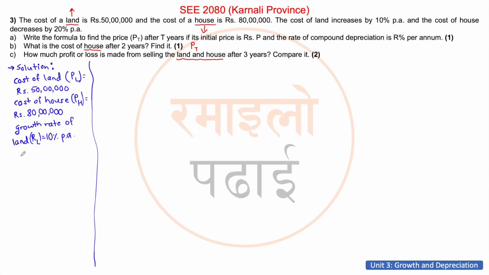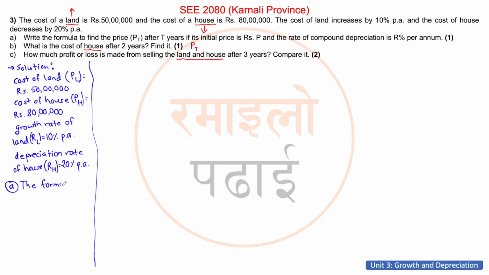Then we will write the depreciation rate of house, which is RH, and that is 20% per annum. Now we will move on to question number A.